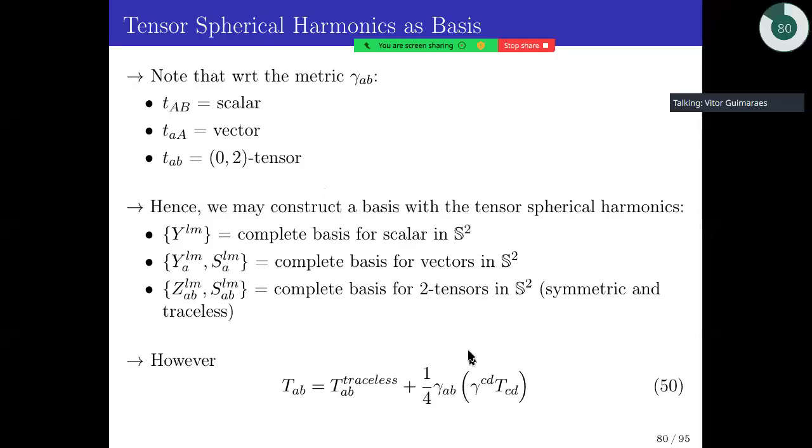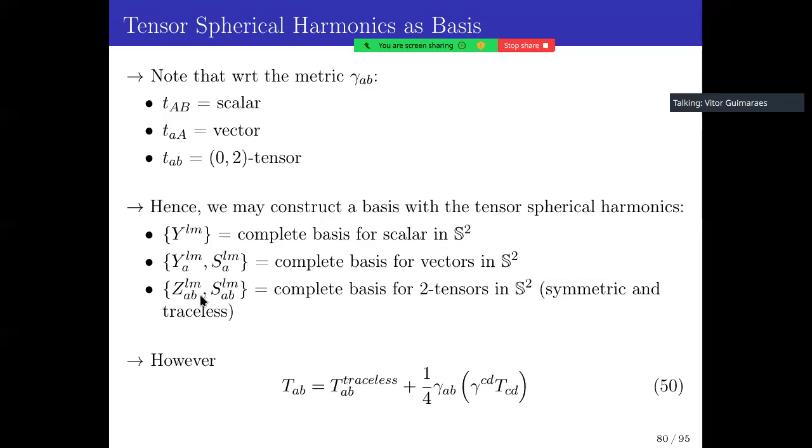We have a complete basis for this part because the scalar spherical harmonics form a complete basis for all scalars in S2, and this is a scalar in S2, right?